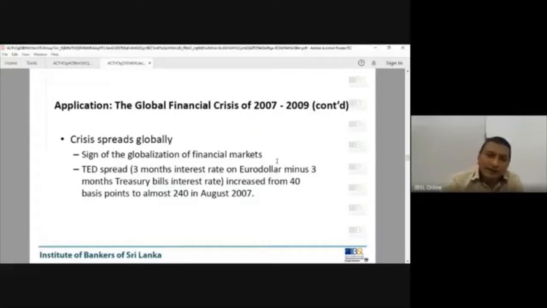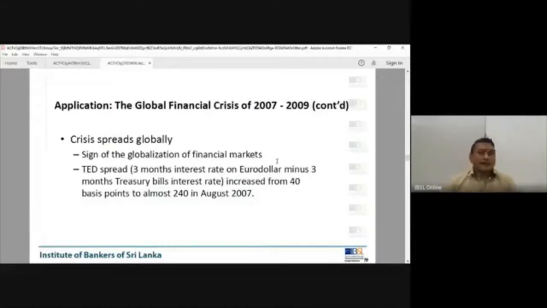So you see the 3-month interest rate on eurodollar minus the 3-month interest on US Treasury bills, which was around 40 basis points, not even half a percentage point under normal circumstances, increasing to 6 times that, 240 basis points by August 2007.